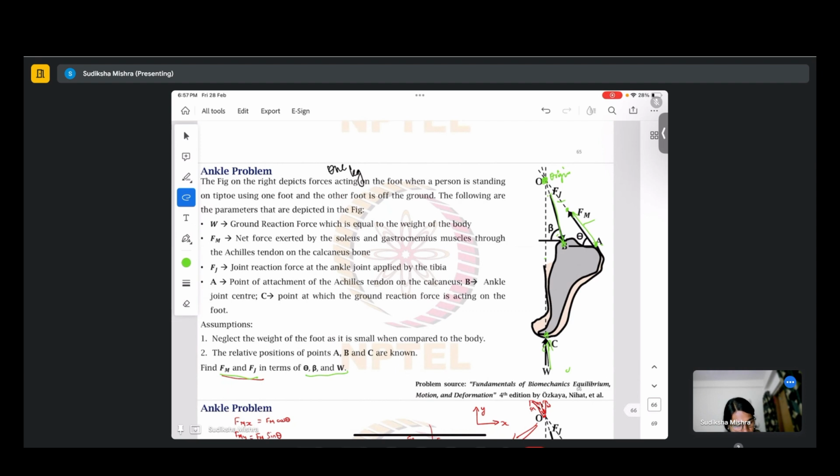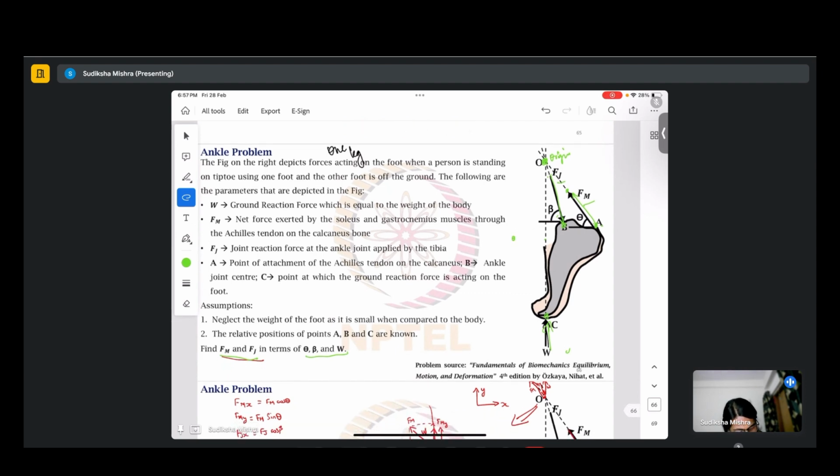So the free body diagram, if this is the origin and these are the axes, let me just draw bigger. W is in this direction.